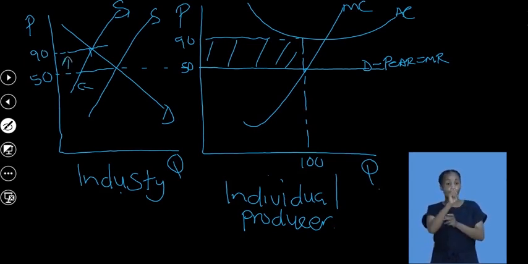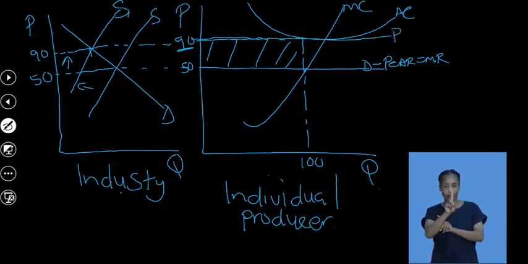Since we now have a new price at 90, and the individual producer is a price taker, they are going to have to take this new equilibrium price of 90 and sell their product at 90.